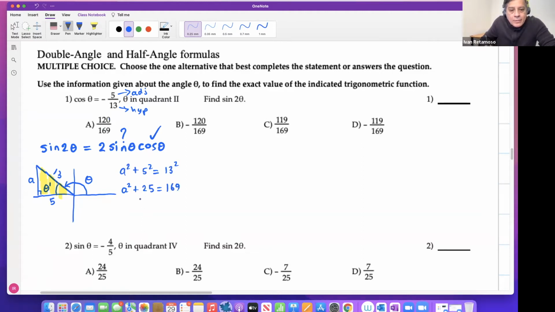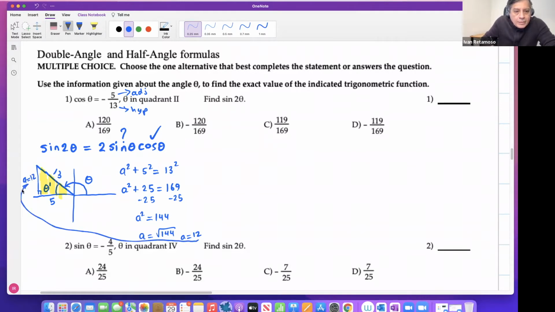You can check in your calculators. Subtracting 25 from both sides, A squared equals 144. So A is the square root of 144, A equals 12. When you have A equal 12, right away place it here. So the A that we're looking for is just 12.